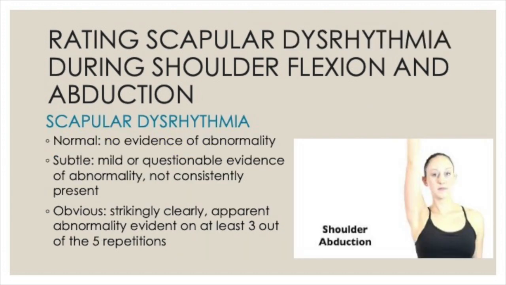Rating the amount of dysrhythmia abnormality in the scapula is quite similar to scapular winging. Subtle is mild or questionable evidence of abnormality and it's not consistently present, while obvious is strikingly clear, apparent abnormality evident on at least 3 out of 5 of the repetitions in either abduction or flexion.